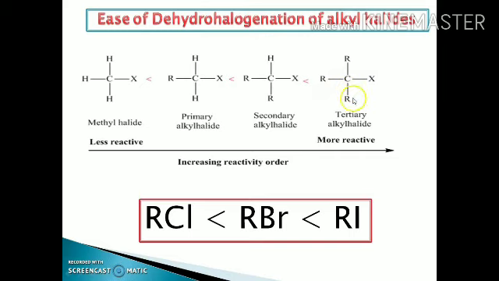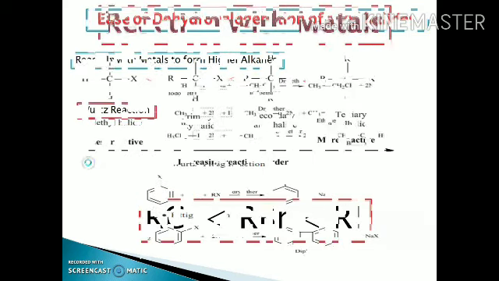Greater the positive effect, greater the electron density on the carbon atom, and the X negative ion is easily removed. Alkyl iodides are more reactive towards dehydrohalogenation in comparison to alkyl bromides, and alkyl bromides are more reactive in comparison to alkyl chlorides.